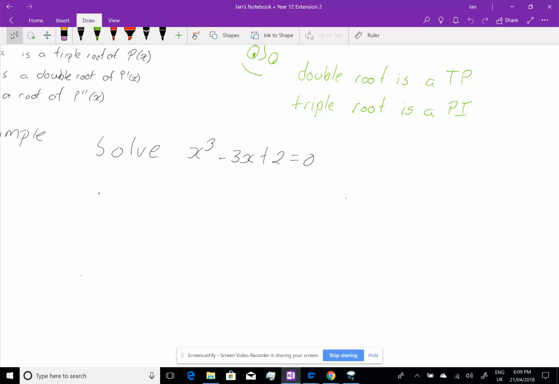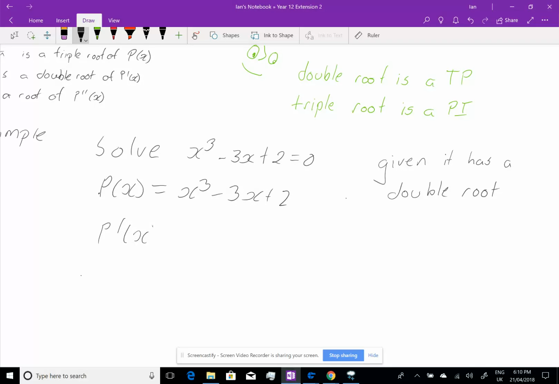But in this case, they're telling us to solve this, but they give us a little bit of extra information and they say, given it has a double root. And immediately you go, no worries. I'm going to say P(x) is x cubed minus 3x plus 2. And I'm going to differentiate it. P'(x) equals 3x squared minus 3.